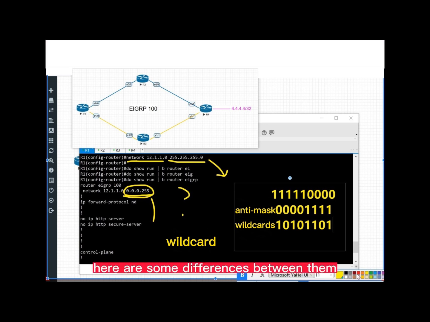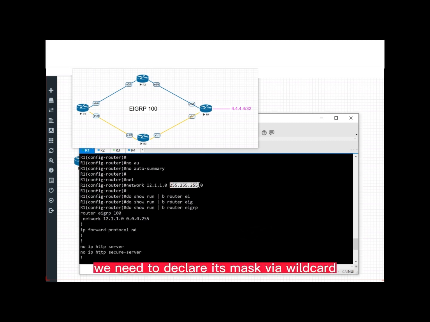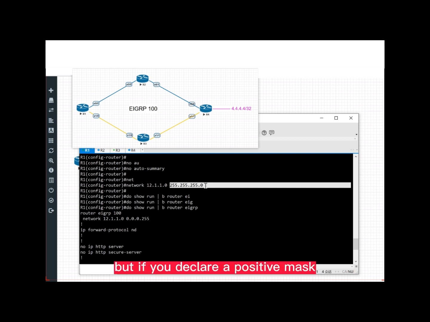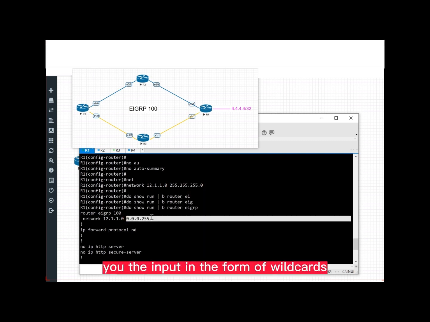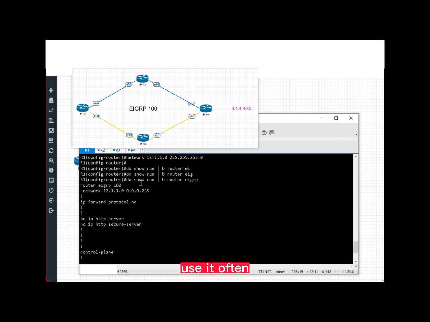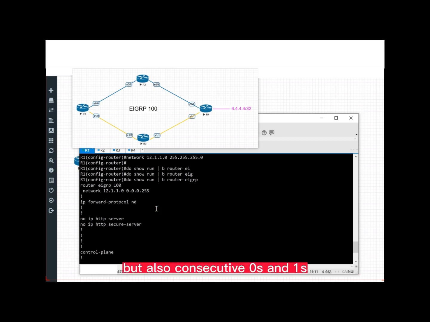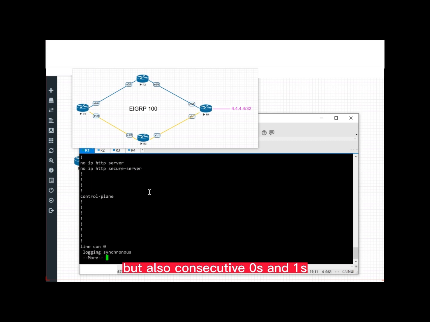Here are some differences between them. For us, actually, we need to declare the mask via wildcard. But if you declare a positive mask, it will automatically be entered in the form of a wildcard. You will use it often in the future when capturing data and including some strategies. ACLs, including in the NA phase, also use wildcards, again with consecutive 0s and 1s.